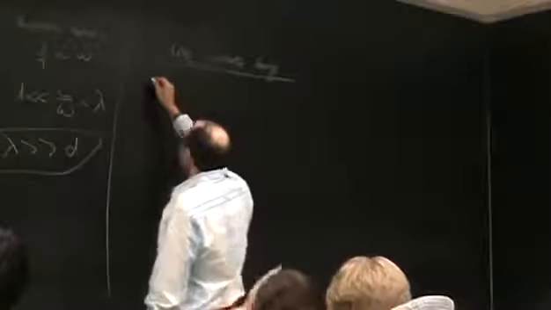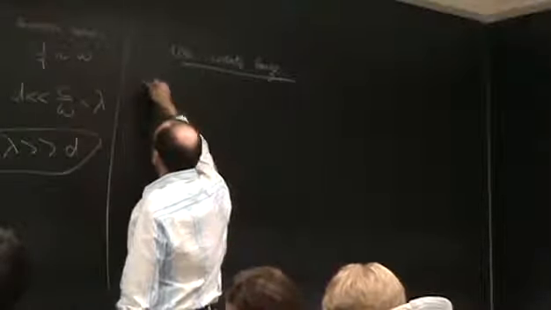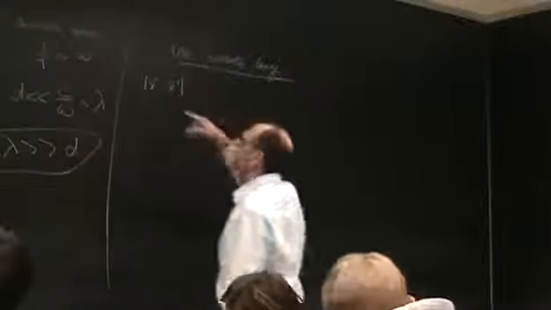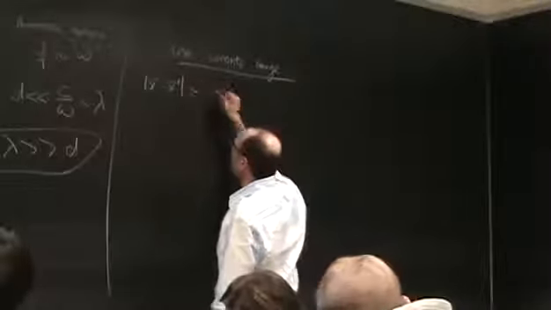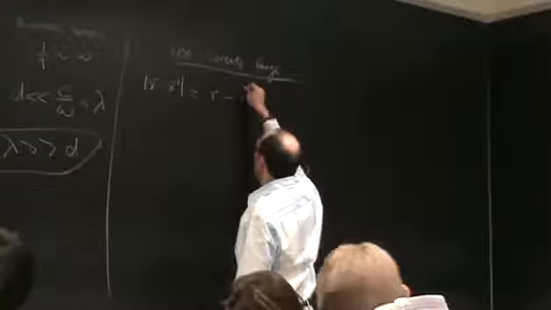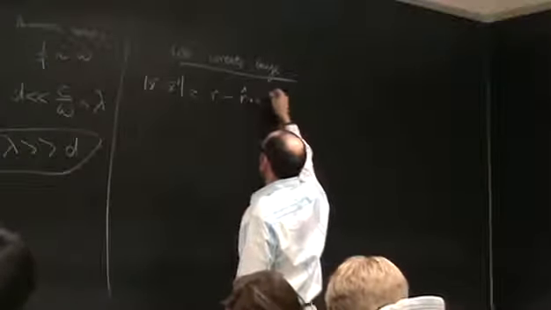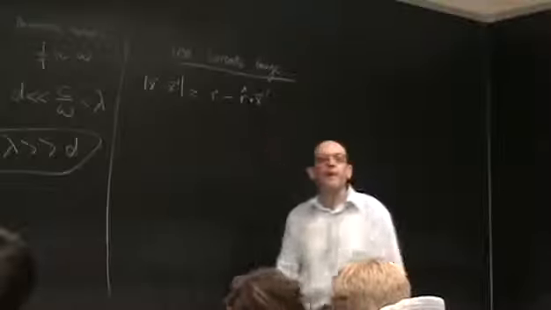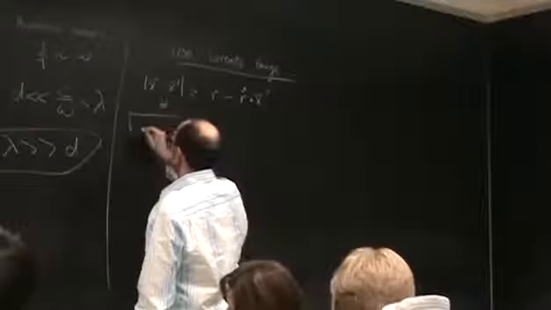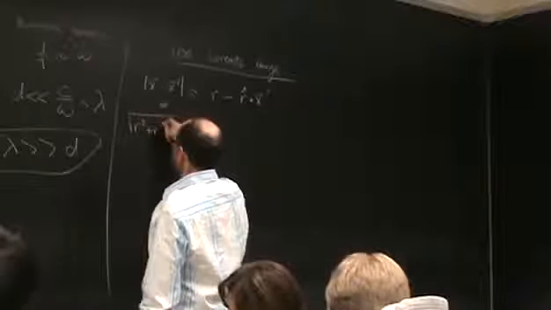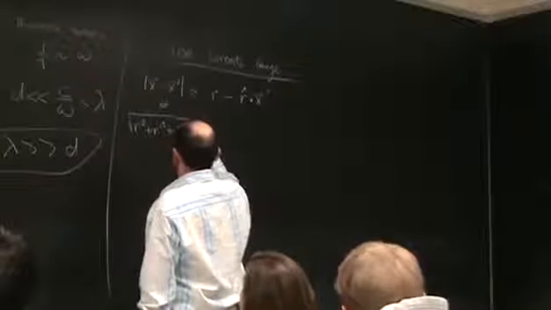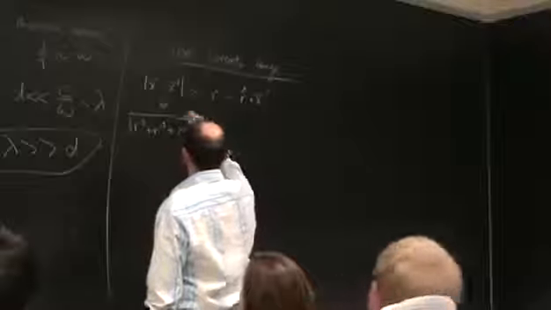Well, first of all, one of our first approximations is that this distance is approximately equal to r minus r hat dot x prime. If we just expand, remember this is equal to the square root of r squared plus r prime squared plus 2x dot x prime.